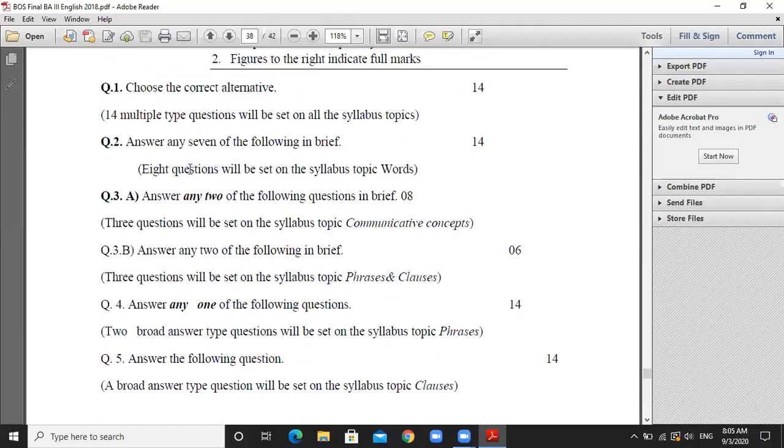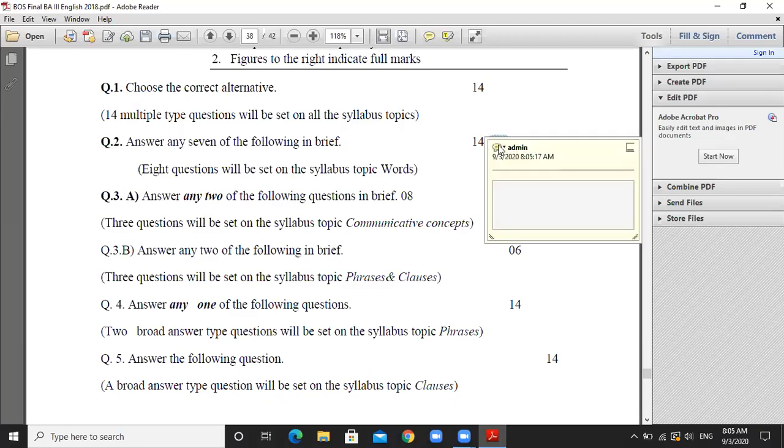Question number 2, which will be on words, will be for 16 marks, right? So let me tell you that question number 2 will carry 16 marks. 4 out of 6 questions.